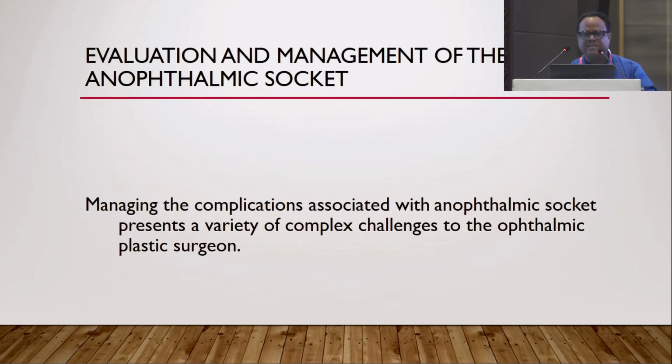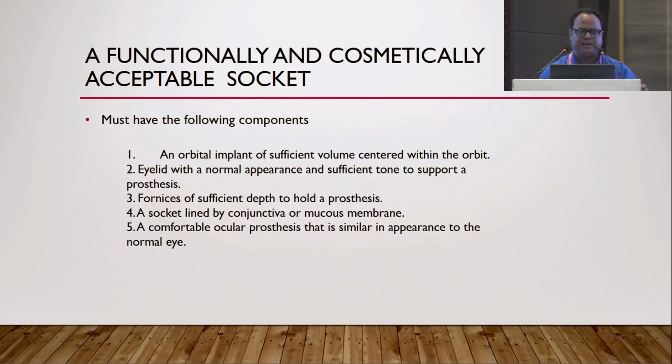So there is a big challenge with a congenital one. There may be a problem with the rim, and a problem with the volume also. Managing complications associated with the anophthalmic socket, there may be contracted socket related issues also.